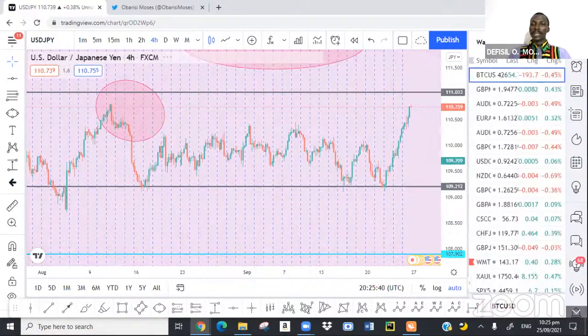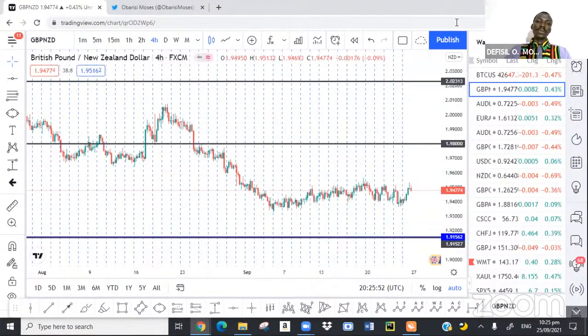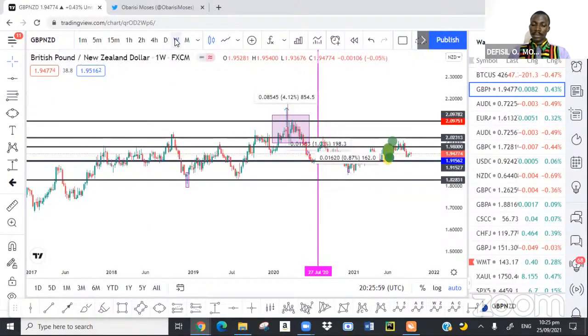Okay, let's just look at GBP NZD. That's pound New Zealand.